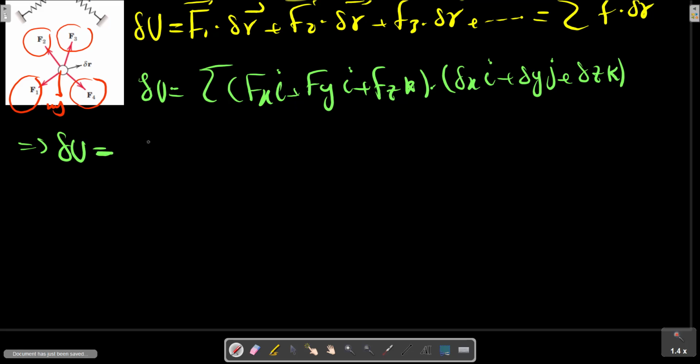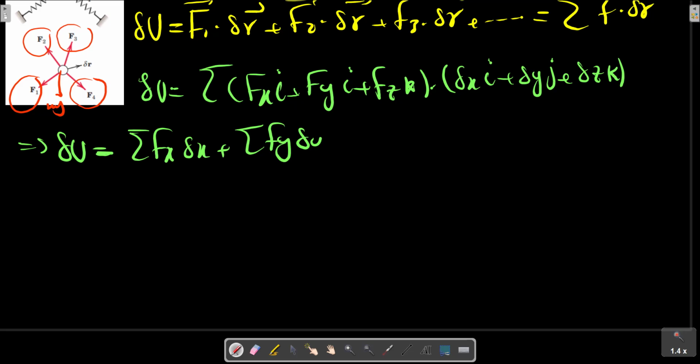Delta U equals sigma Fx delta x plus sigma Fy delta y plus sigma Fz delta z.